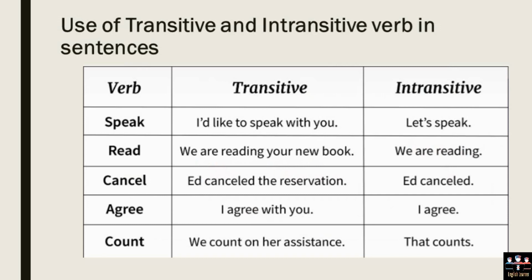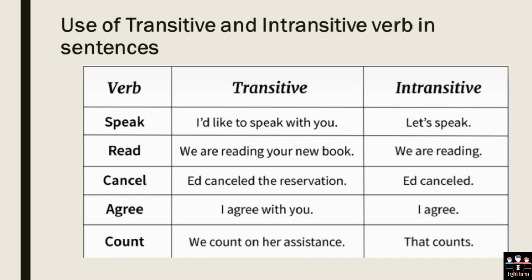Next, we are going to deal with transitive versus intransitive verbs with respect to the sentence, and how they make a difference in our sentence. We are going to have the verb speak. At a time, a verb can be transitive or intransitive, depending upon its usage in a sentence, how you have used it and which meaning it is transferring. So, number one is speak.